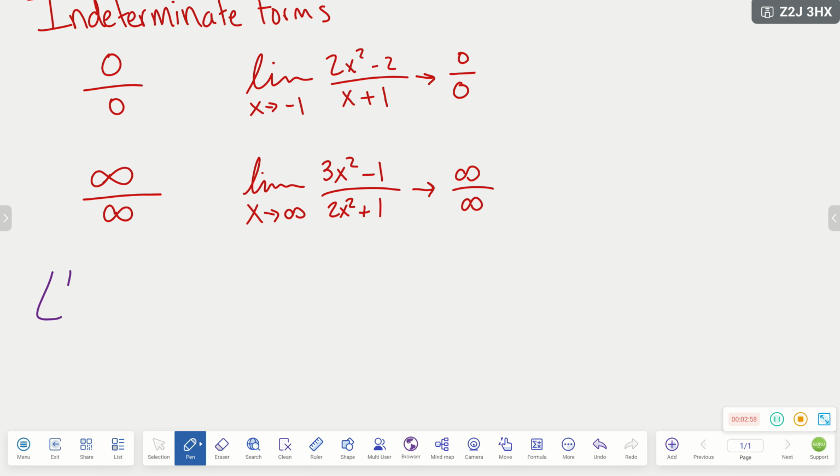L'Hopital. It's French, that's the guy's name, L'Hopital.